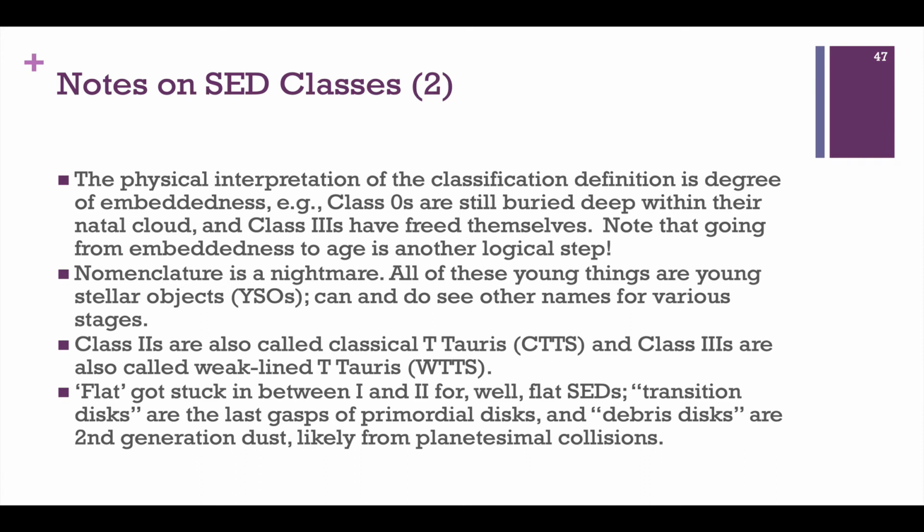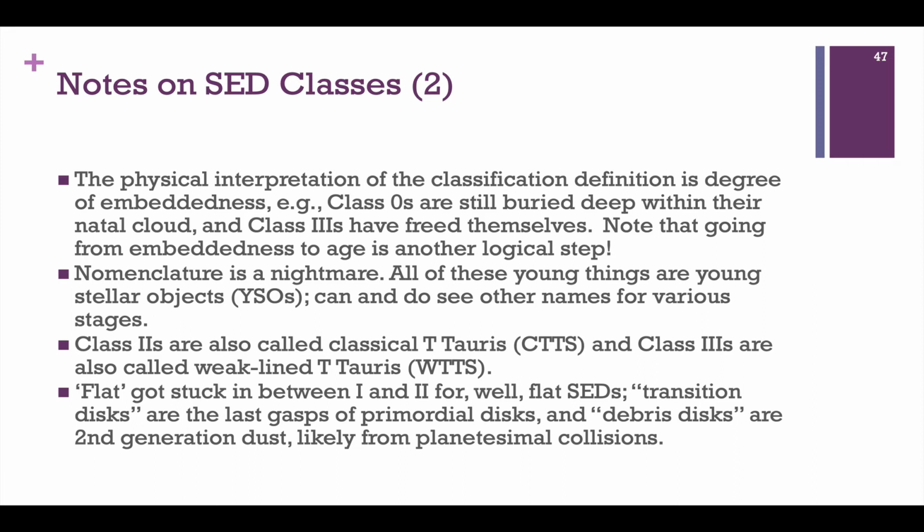The physical interpretation of that SED is degree of embeddedness. In other words, the class 0s are still buried deep, and the class 3s have freed themselves from their cocoon. But that next step, that interpretation from SED to degree of embeddedness, is one logical step. And then degree of embeddedness to age is another separate logical step. There's plenty of confusion, where you have lots of clusters of stars that seem to be the same age, and you've got a bunch of CTTSs and a bunch of WTTSs.